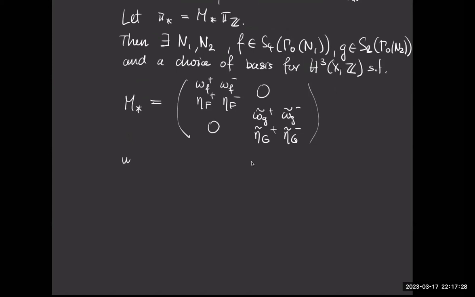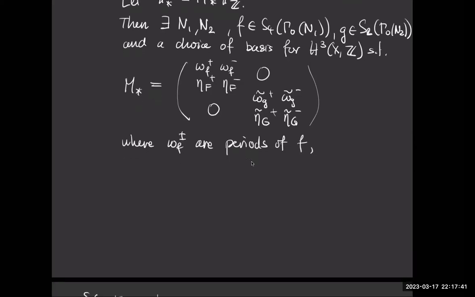Where omega F plus/minus are the periods of F in the way I introduced them before. So Manin's result applies to any weight of modular forms, not just weight 2.